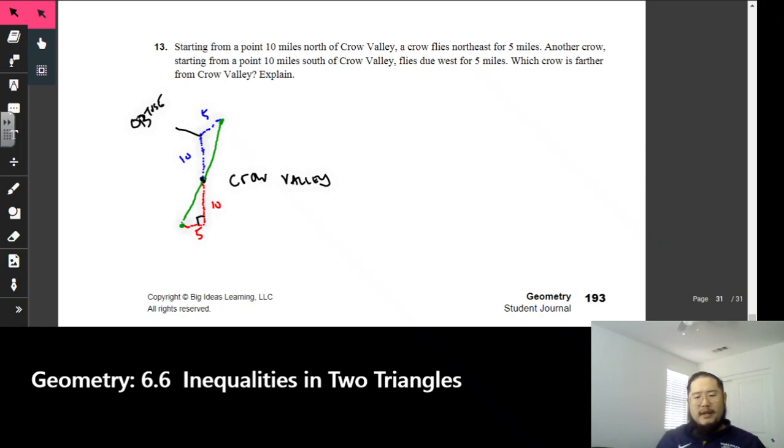So putting the hinge theorem together, what do we know? What do we know? Well, what I do know is that an obtuse angle is bigger than 90 degrees.